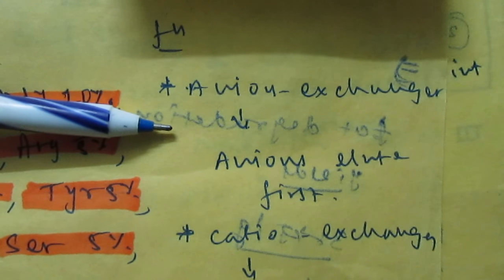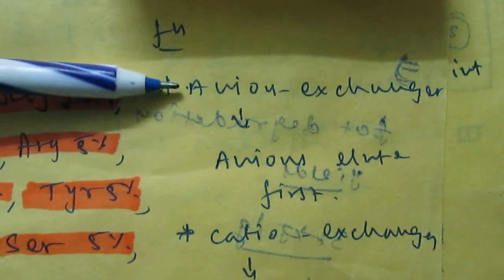In that we use anion and cation exchangers. If anion exchangers are used, that means anions elute first, and if cation exchangers are used, cations elute first. How does it happen? Suppose an anion exchanger is used, that is negatively charged, right?